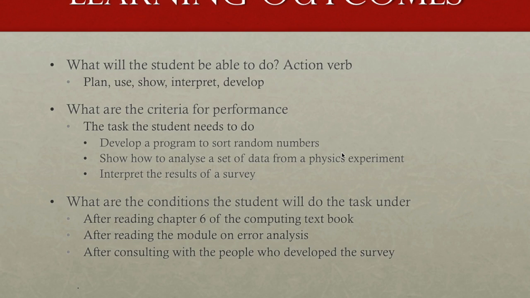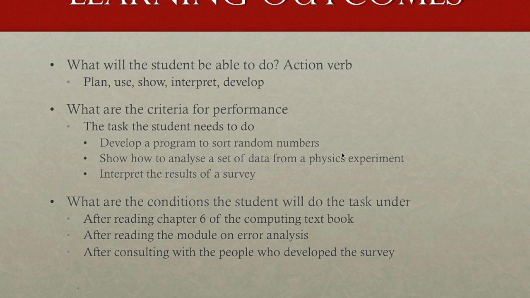So for a learning outcome, it's relatively straightforward, and any course outlines that exist in your university's systems are likely to have learning outcomes built into them already. But let's assume that we're designing a new course, we want to design new learning outcomes, and we're going to use this sort of strategy. An action verb: plan, use, show, interpret, develop; and some criteria for performance.